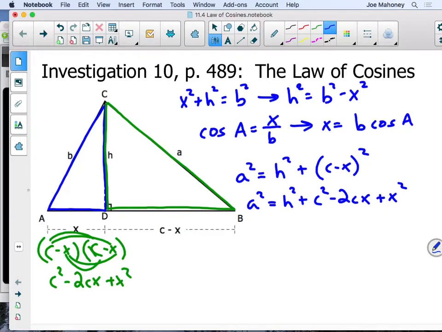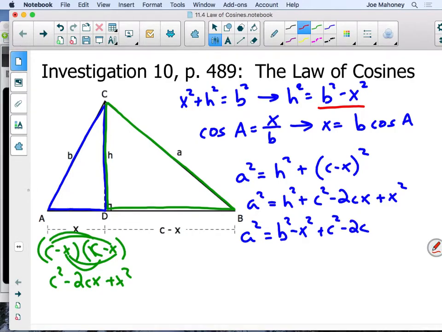Okay, now I've got things that I can make some substitutions on, because earlier I knew what h squared was equal to. So now, instead of h squared, I have b squared minus x squared. Then I have my plus c squared minus 2c.